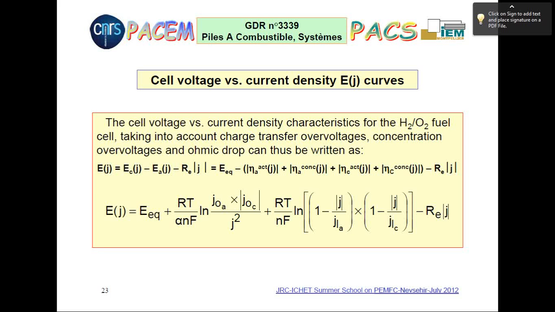So that's the general equation, which is more or less an approximation of the cell voltage versus current density characteristic, the electrical characteristic, which is very important for any electrical device, for a diode, for a semiconductor, for a photovoltaic process. This is very important.